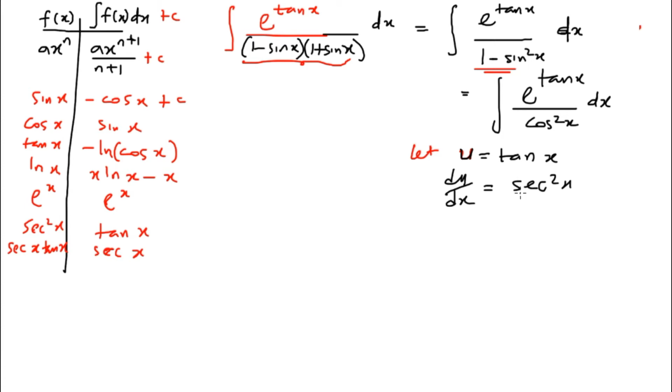Now that I have differentiated, I have substituted tan x for u. I am hoping that my cos squared x will be divided out, so the only thing left that still has x with it is dx.